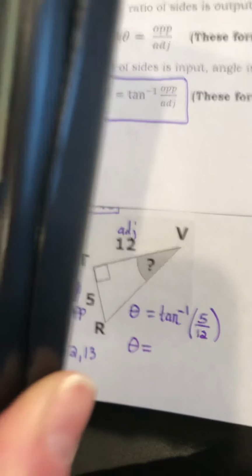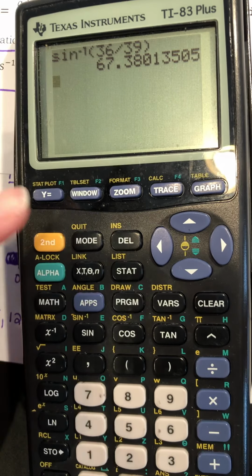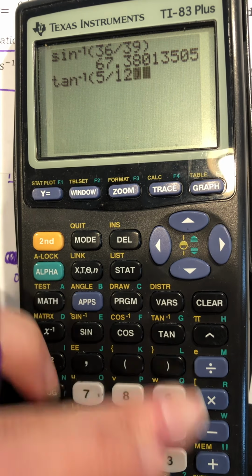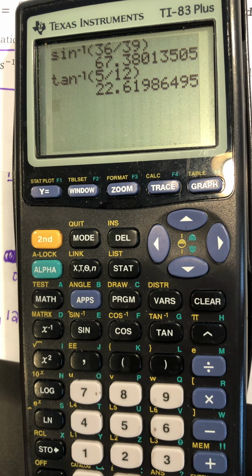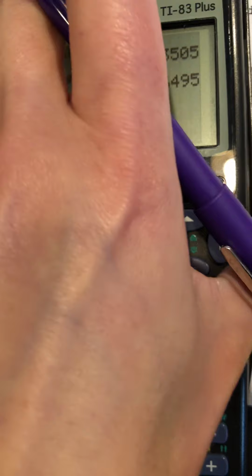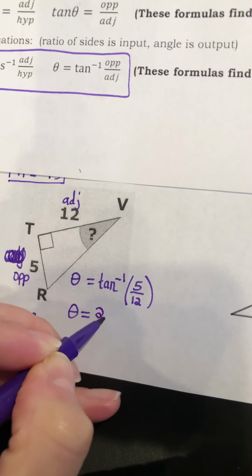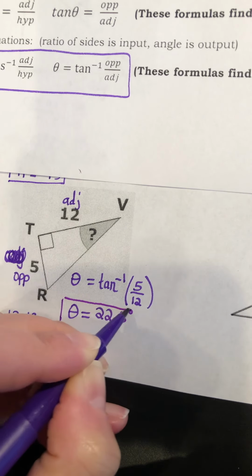I'll show you again what that looks like. So if you have this type of calculator, inverse tangent of 5 divided by 12, and it should give you roughly 22.6 degrees. Okay, so something along those lines. I don't really care how you round right now, as long as you're getting roughly the same answer.